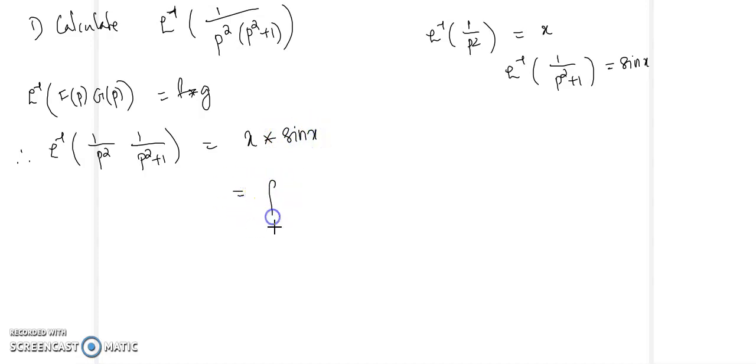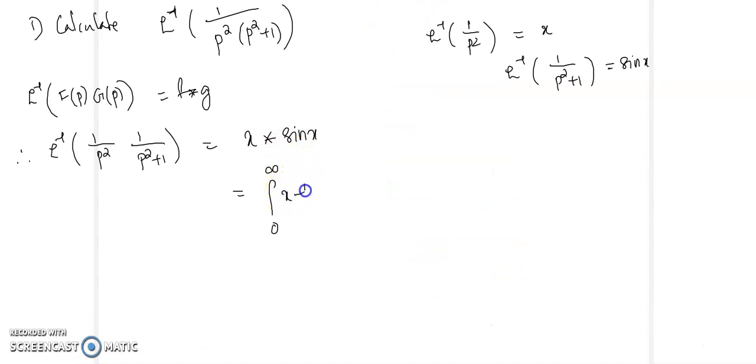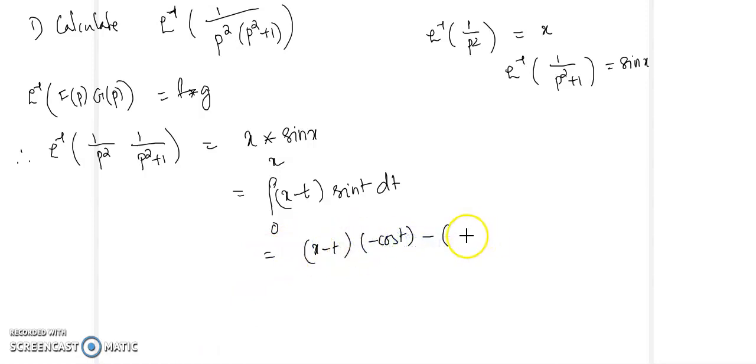So that will be integral 0 to x. So you will have f of x minus t, so that is x minus t, g of t, sin t dt. So that is equal to x minus t into minus cos t minus 1 into minus sin t from 0 to x.